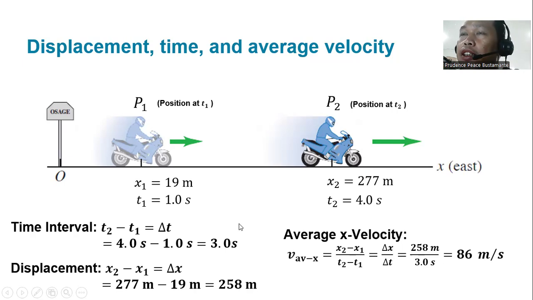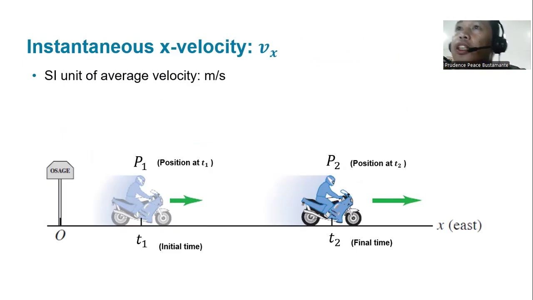Those are the quantities involved here: the displacement, the time interval, and the average velocity. However, there is a quantity that can calculate the velocity of a particle or this motorcyclist at a specific instant of time.